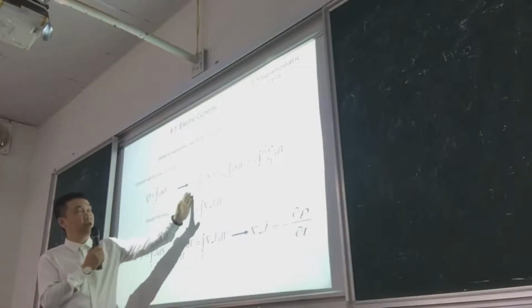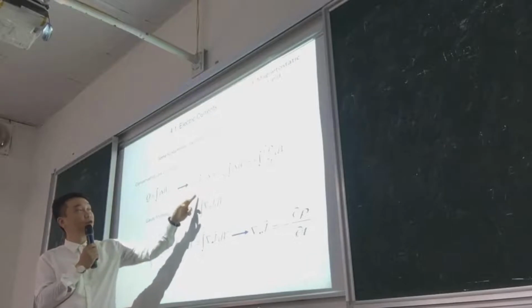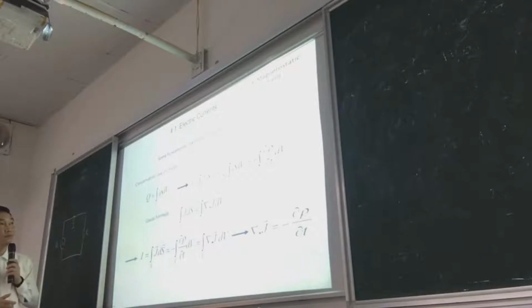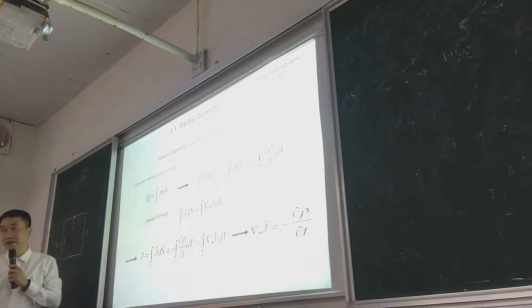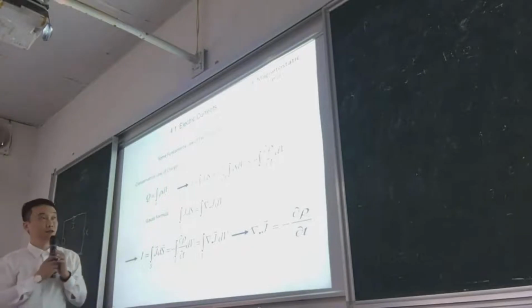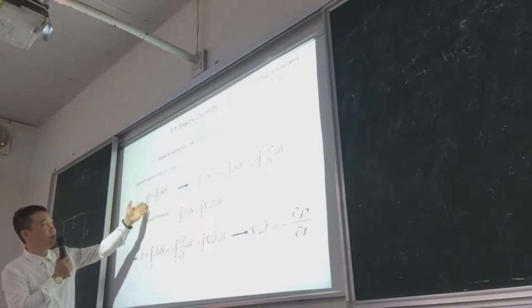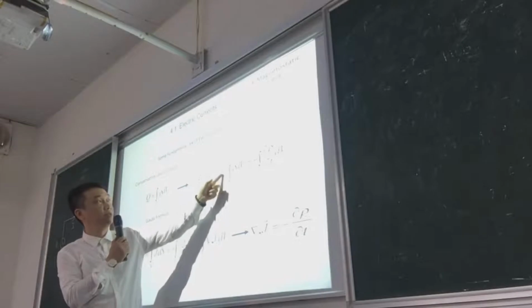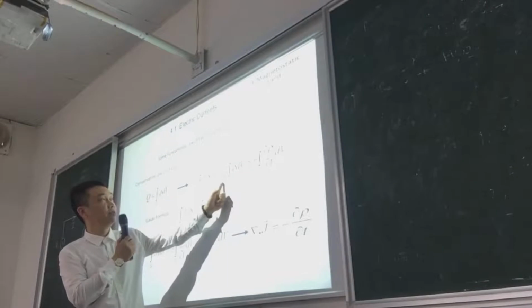And from the Stokes theorem, you have the current I, which is the integration of J dS over the surface S. Now, by definition, the electric current is the derivative of Q over the time t. So you take the derivative of the integral of rho dV over unit of time.